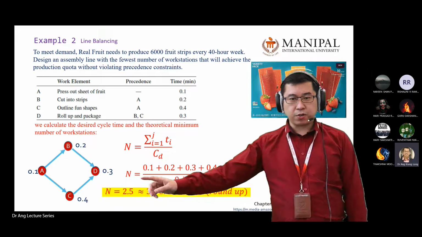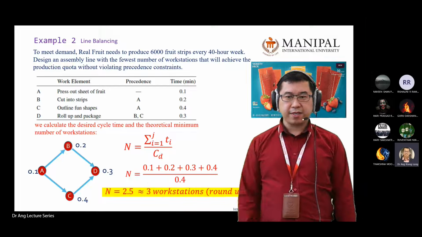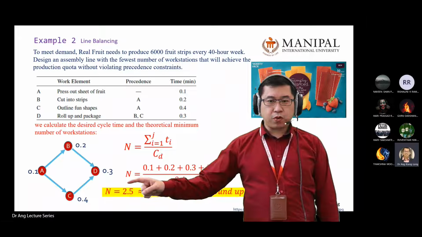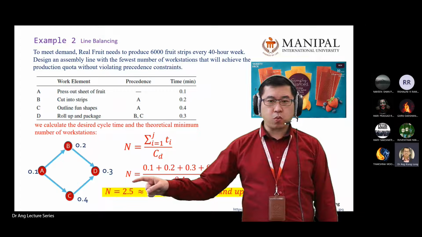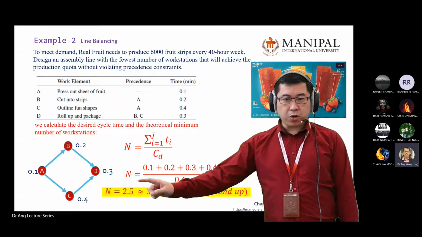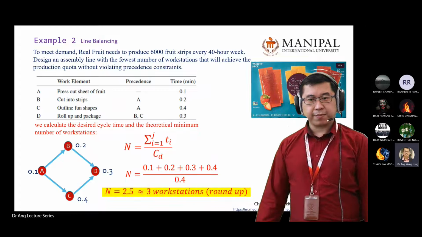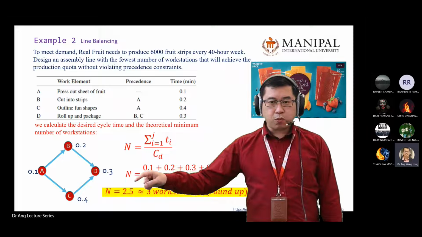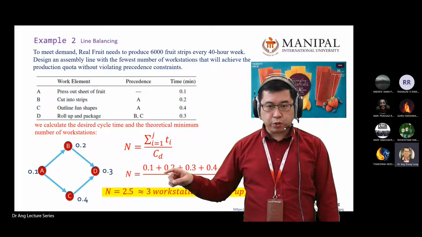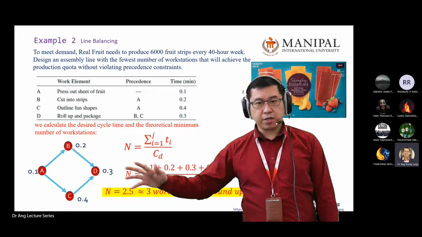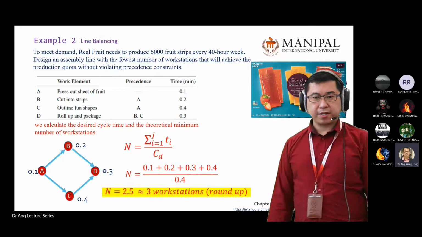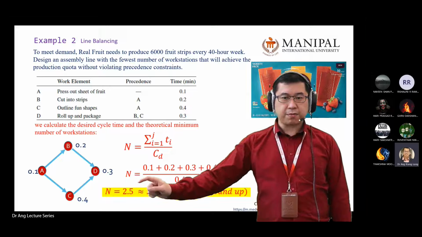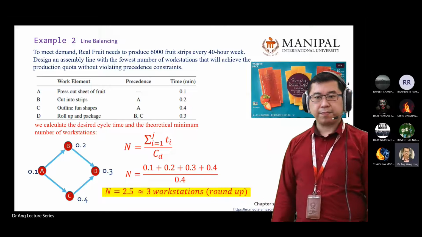Of course you won't get 0.0 something. You will get 2.4, 2.3, 2.1, for example. 2.1 still choose 3, because if you get 2.1 and later you use 2 workstations, you won't balance the equation. Always choose the next round number if there is a decimal.